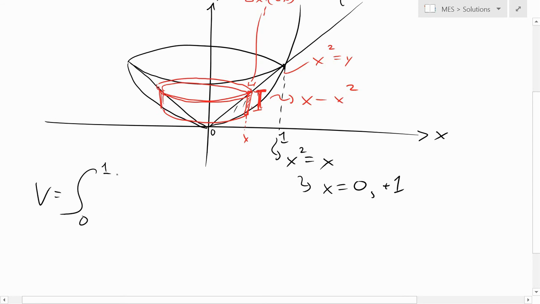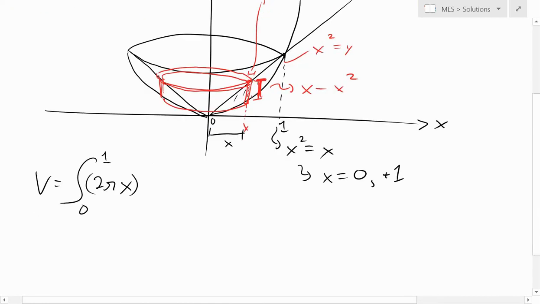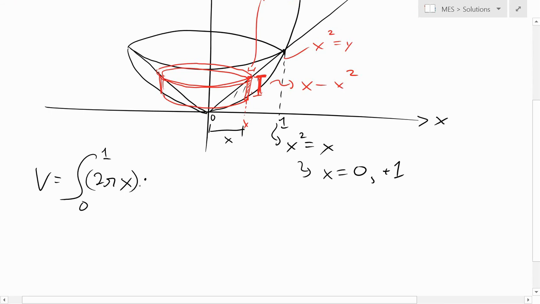So it goes from 0 to 1, and now we find the volume of the cylindrical shell, which is 2 pi x. That's the circumference. This value right here is x, and the circumference is 2 pi x, just like I showed in my earlier video.